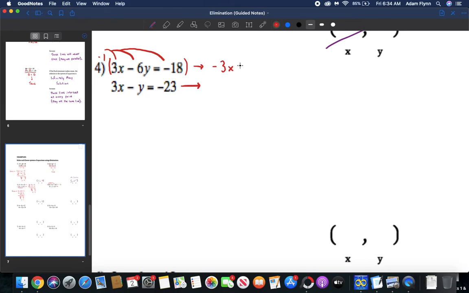Negative 1 times negative 6y is going to be a positive 6y. And negative 1 times negative 18 is going to be positive 18. And my bottom one, I'm not scaling by anything, so I will just rewrite it. 3x minus y equals negative 23.